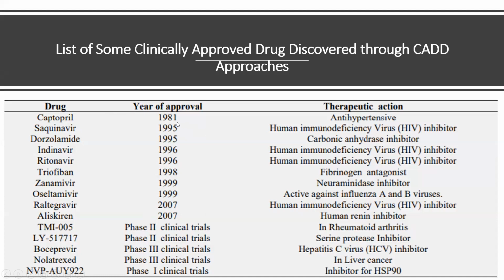As far back as 1981 up to this moment, some of these drugs are already in phase 2 clinical phase, some have already passed clinical phase, and some are already saving lives. Most of them are HIV drugs and cancer drugs. They are already on the market, saving people's lives, and that is how they work.